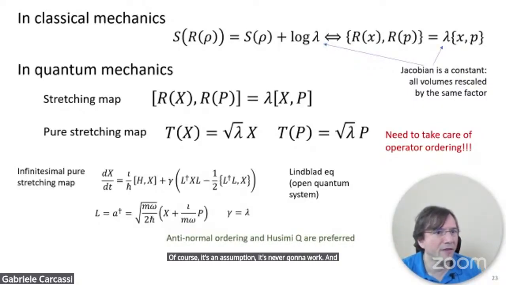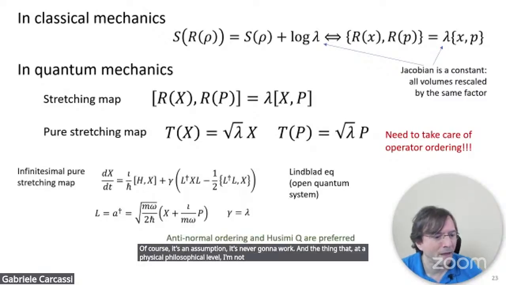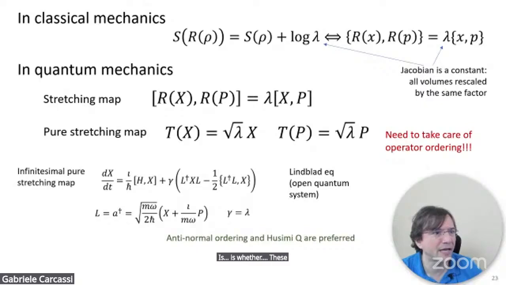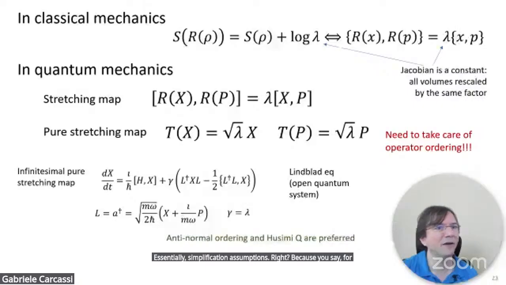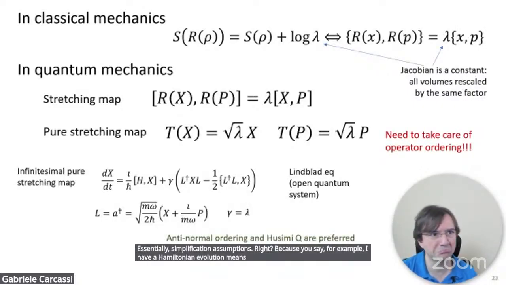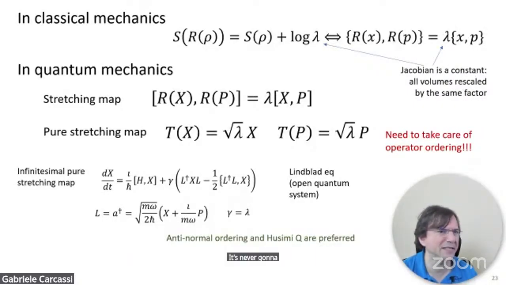And what I'm not so clear about, at a physical level, is whether these assumptions that are essentially simplification assumptions, because you say, for example, I have a Hamiltonian evolution, which means complete isolation. It's never going to work. It doesn't exist, but in a lot of places it works.